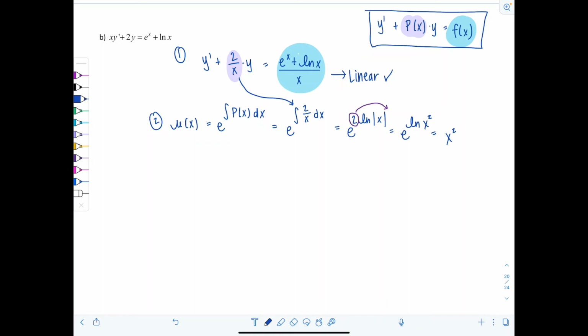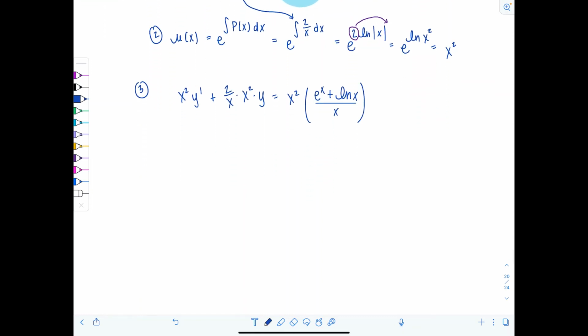All right, step 3, we're going to multiply our standard form differential equation by the integrating factor. So I'm going to go here and multiply everything by x squared. So we have x squared y prime plus 2 over x times x squared times y equals x squared times e to the x plus ln of x over x.